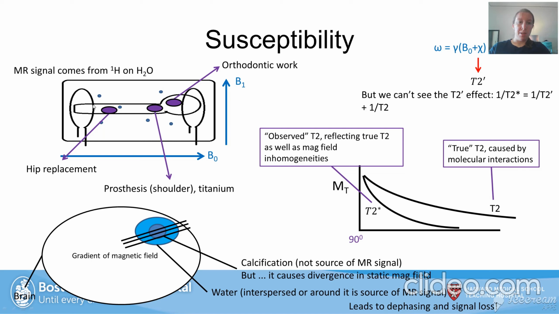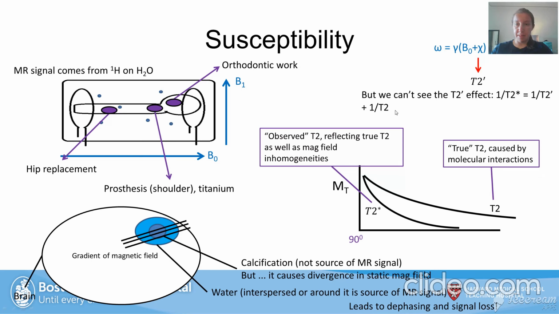The magnetic field is going to vary depending on the tissue and the location. But if you have something like a hip replacement or a prosthesis, like in the shoulder, that's made of titanium, or orthodontic work like braces, this is going to alter the main magnetic field by quite a bit, as I mentioned before.